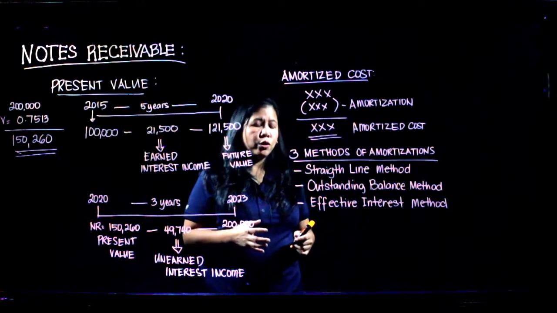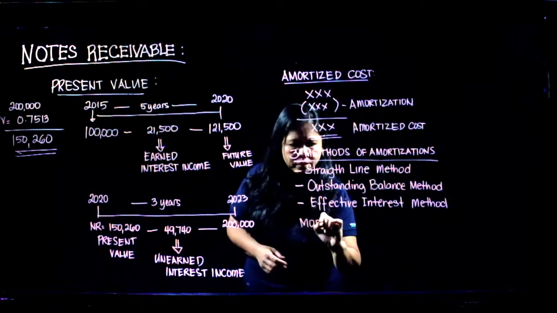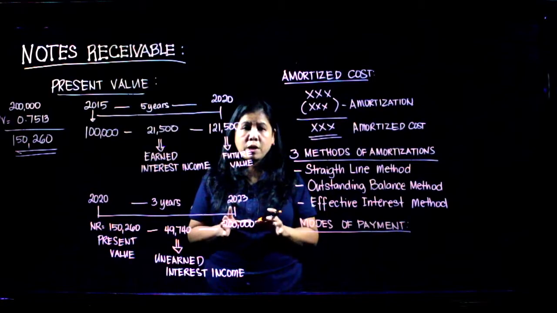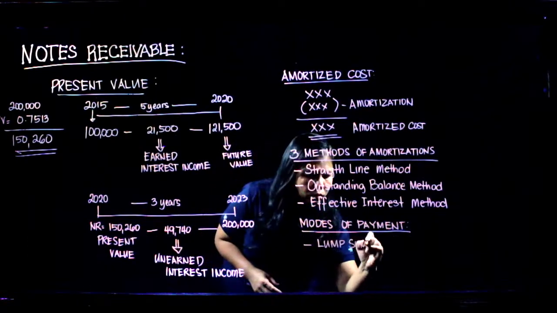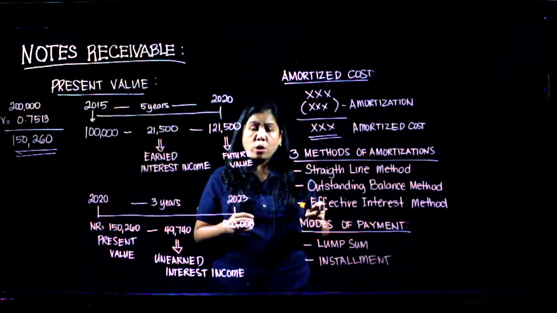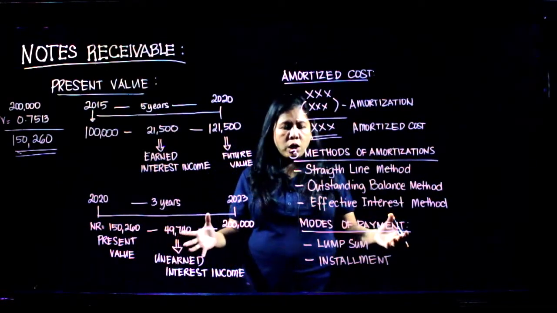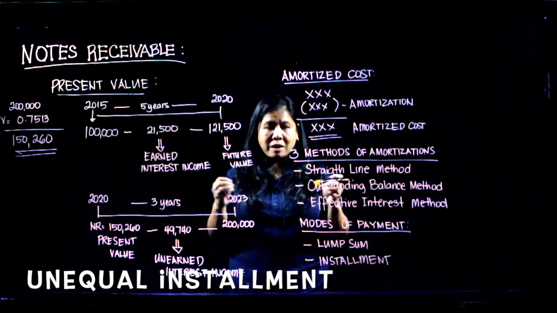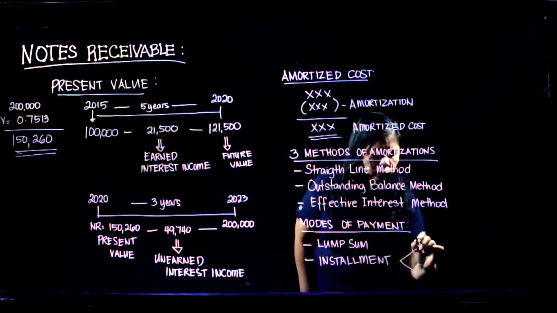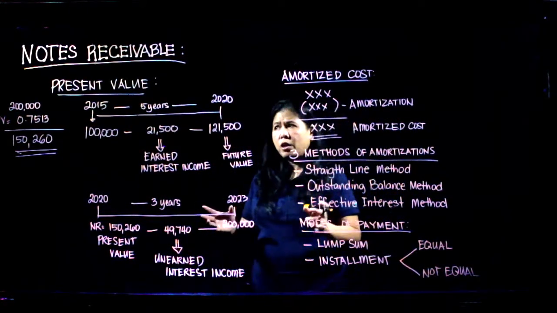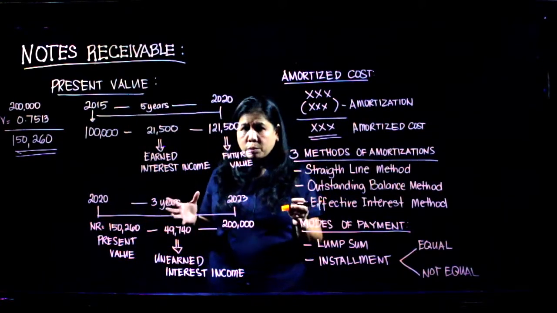Another thing I want you to learn on notes receivable is the modes of payment. We have 2 kinds of mode of payment: the lump sum and the installment. For installment, it can be an equal installment over the life of the notes receivable, or an unequal amount of payment over the life of the notes receivable. These are the things that we have to know when we deal with notes receivable problems, okay?